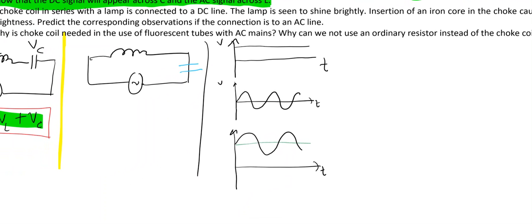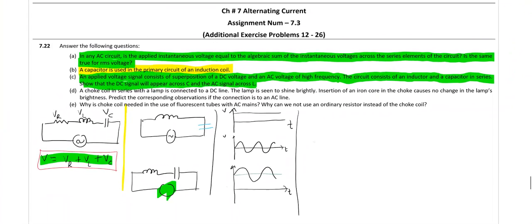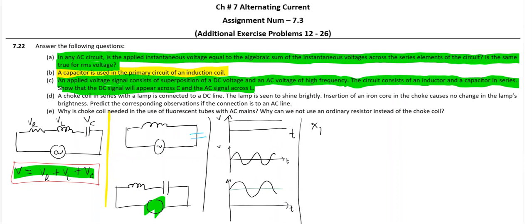Now the circuit which we are talking about is series combination of inductor and capacitor. So this circuit we are talking about, and I'll avoid using the source symbol because it is a combination. But what essentially happens here is, when we are talking about the inductor, we know that the inductive reactance can be given as XL, which is omega L. For the DC component, omega becomes 0, and then you don't have very much reactance from the inductor.